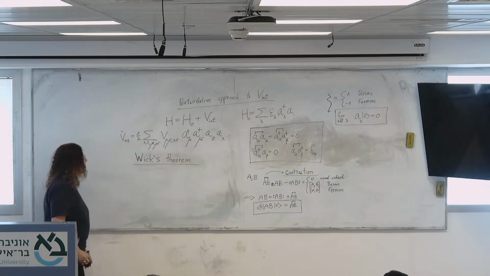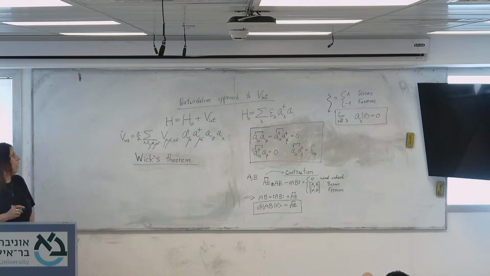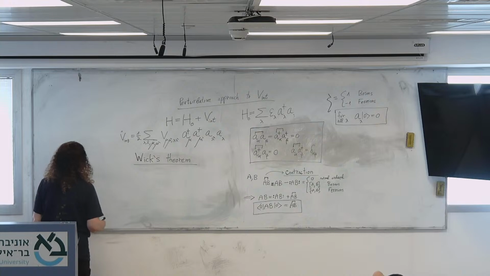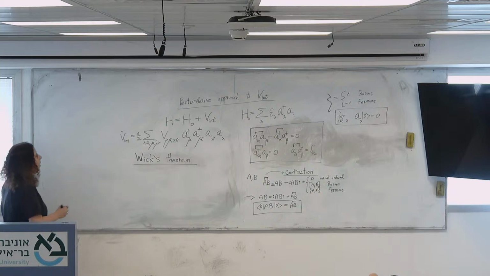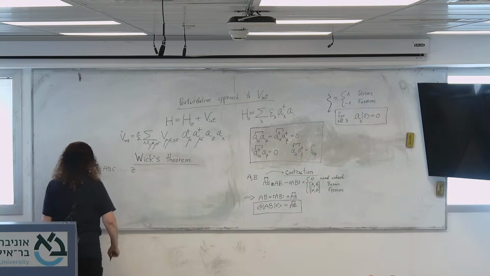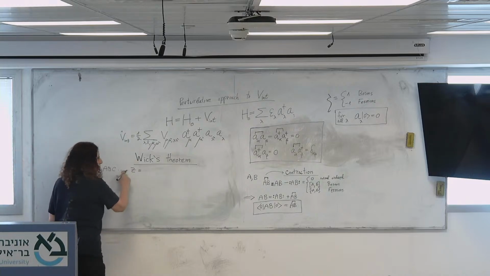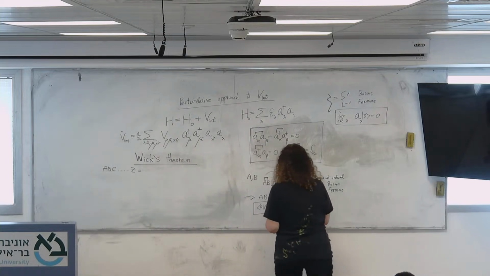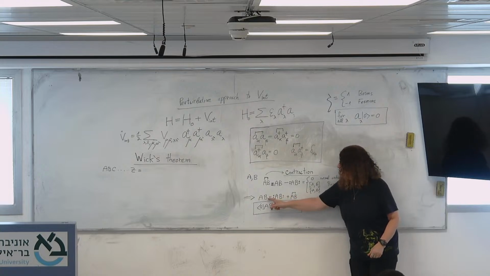And it is the following. If I have a general operator that is a string of a product of operators, what I'm doing now is a generalization of the equation where I split the operator into its normal order plus just a number.